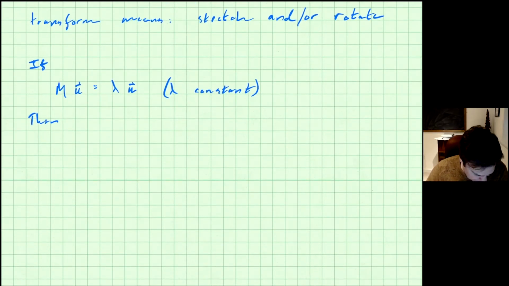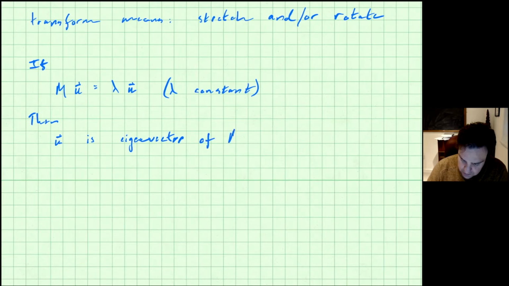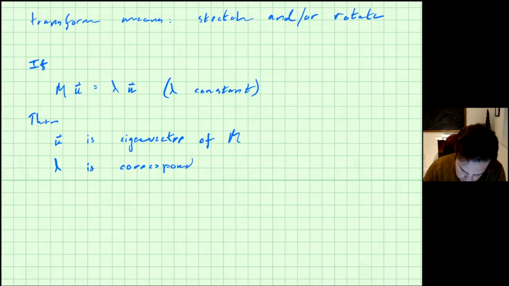So we'll just say u is an eigenvector of M, and lambda is the corresponding eigenvalue.